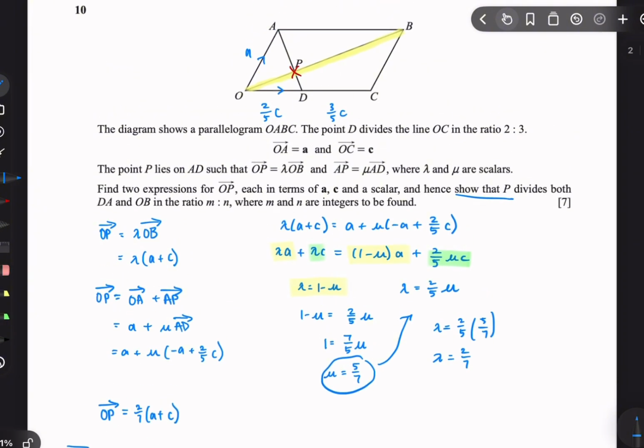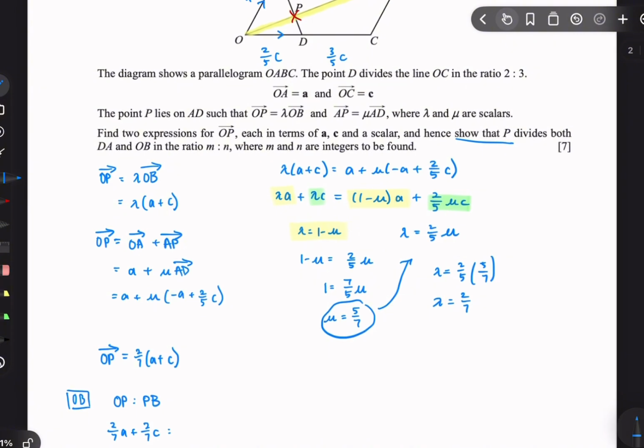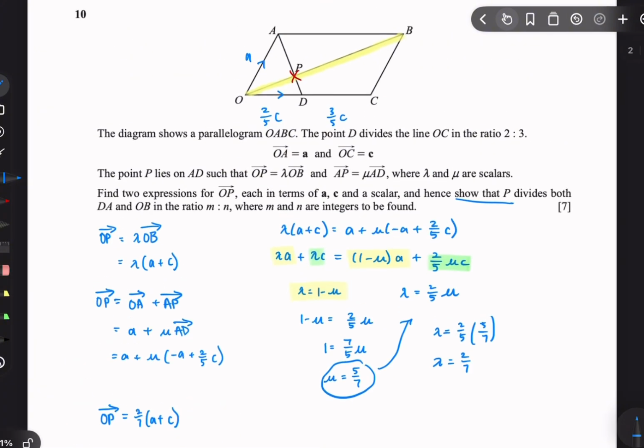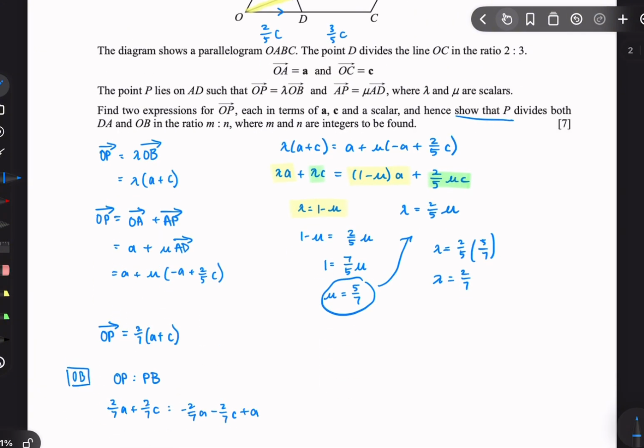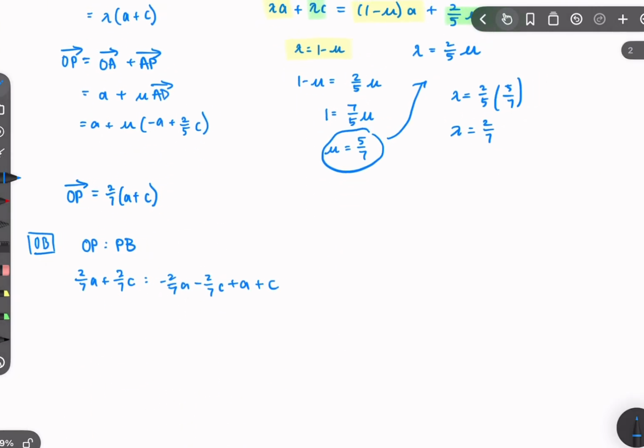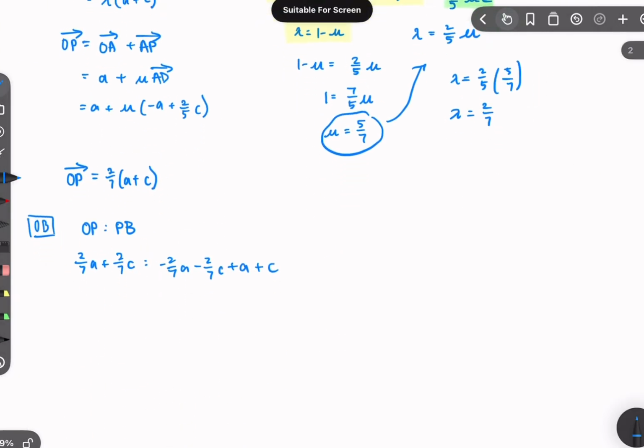And then PB will be, we can go PO plus OA plus AB to find PB. Okay, so PO will be negative of OP, so you just change the signs. And then plus OA, which is plus A, and then plus AB, which is plus C. And then just simplify.